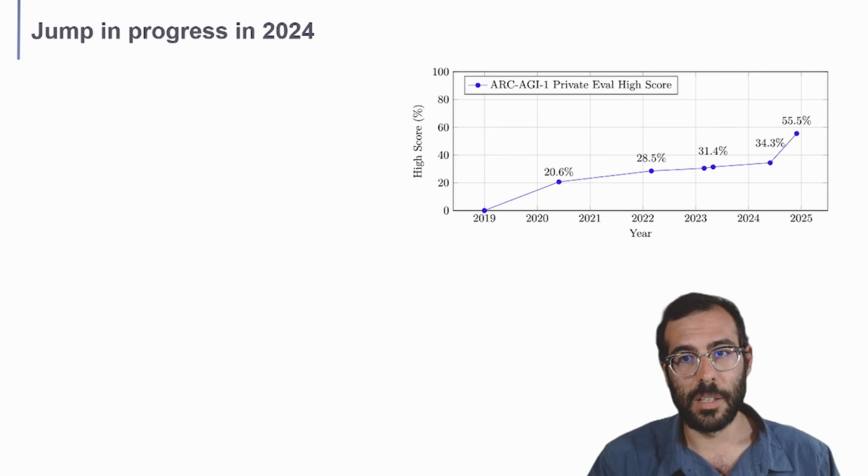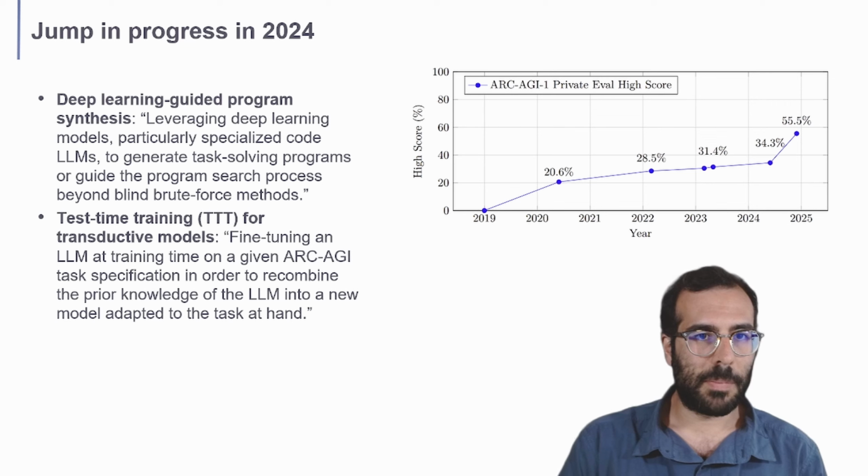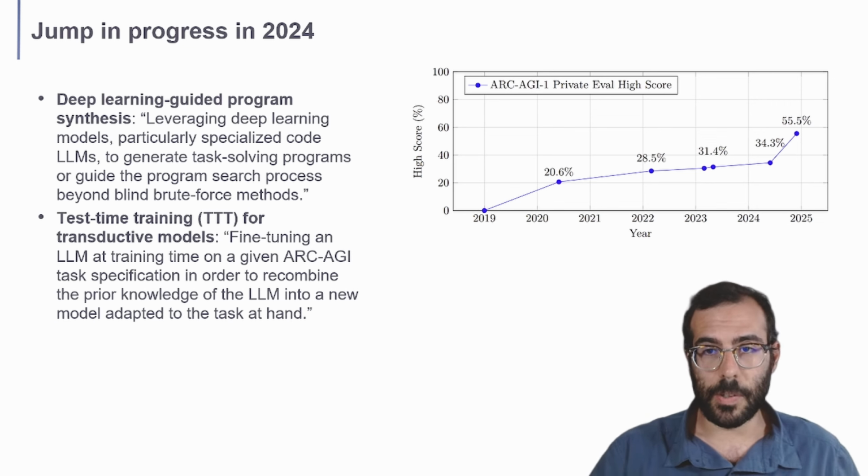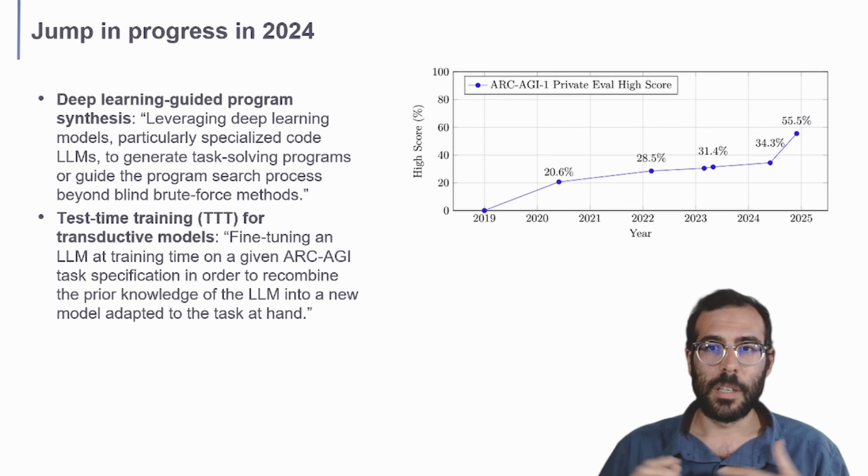Then you have test time training, and this applies to transductive models. We've already talked about transductive models. So fine-tuning an LLM at test time on a given ARC-AGI task specification in order to recombine the prior knowledge of the LLM into a new model adapted to the task at hand. Generally speaking, you fine-tune it to get higher performance on that specific task.